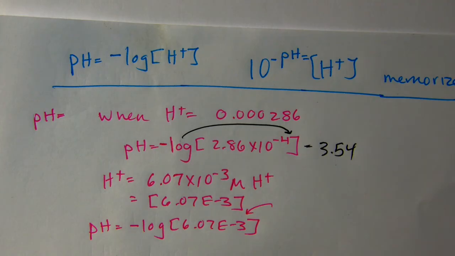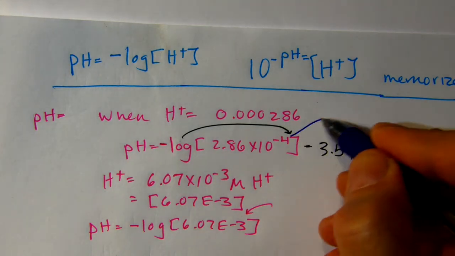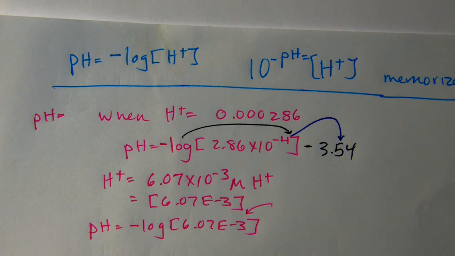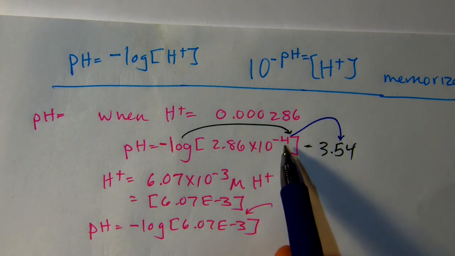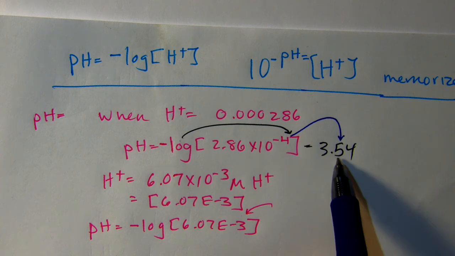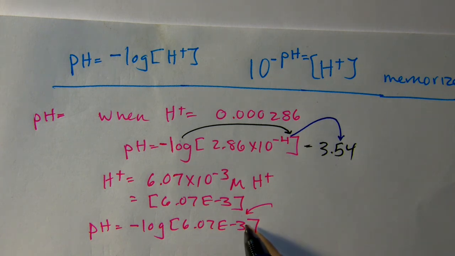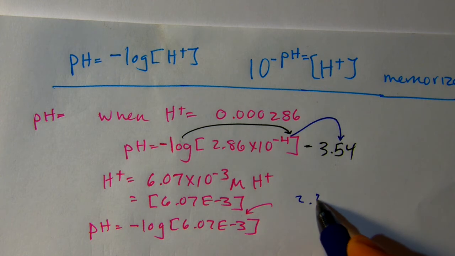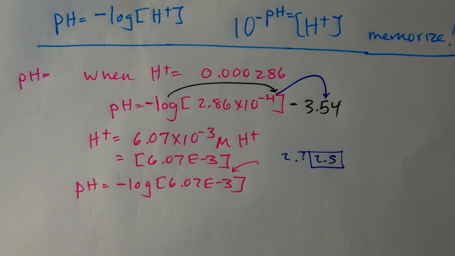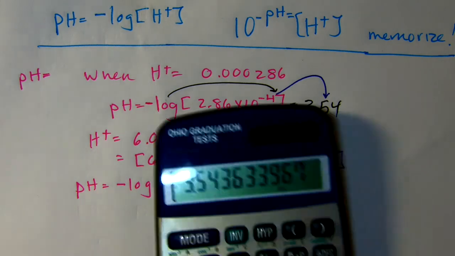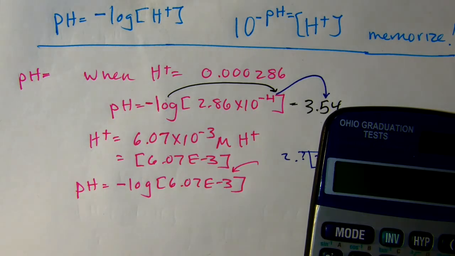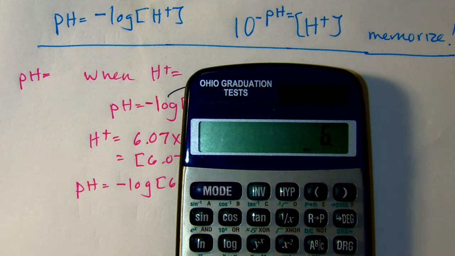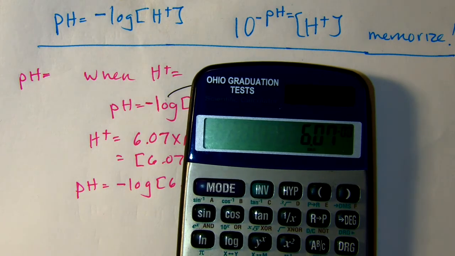In AP Chem, we have you try to do it in your head. This 4 became 3.54. It got a little smaller than 4. So maybe we should expect this to be about a 2 point something. Let's just guess 2.5 and see what happens. Here we go. 6.07, exponent negative 3.